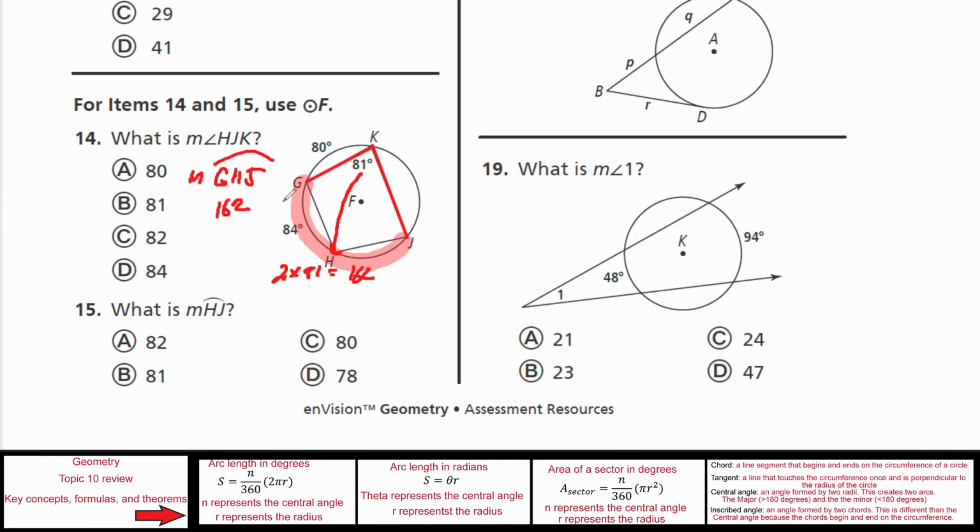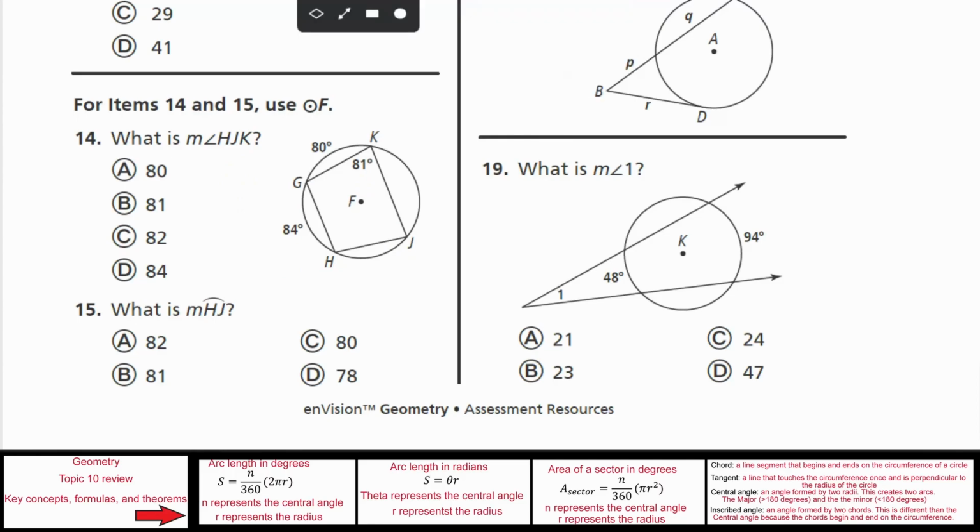Now this is asking for what is the measure of angle HJK. So let's clear off this and see if we can use what I just showed you to come up with an answer for that one. Clear my drawing. Let's go back in with the red and let's highlight the measure. What's the measure of angle HJK? So start at H, go to J, go to K. So HJK is this one.